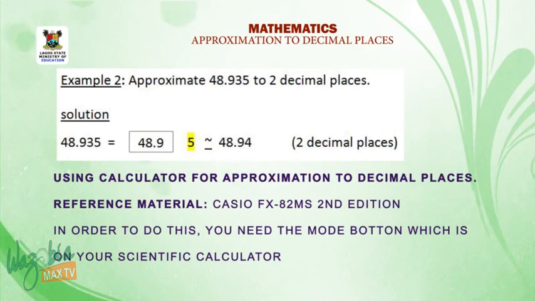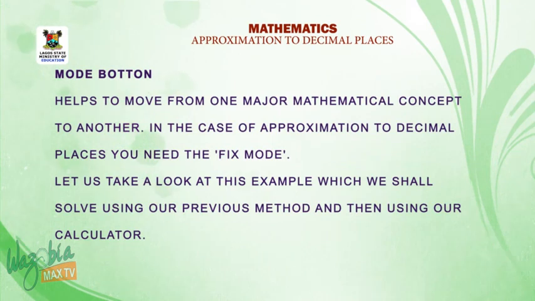In order to do this accurately, you need your mode button, which is on your scientific calculator. Now, the mode button helps you to move from one major mathematical concept to the other. In the case of approximation to decimal places, you need the fix mode.